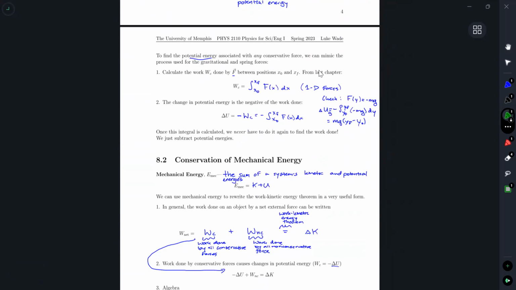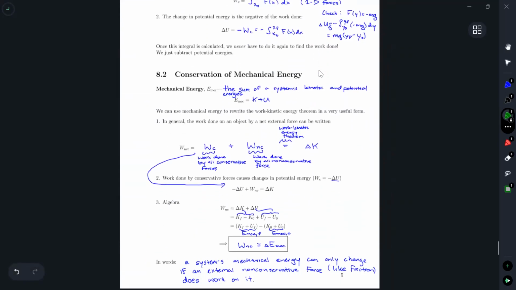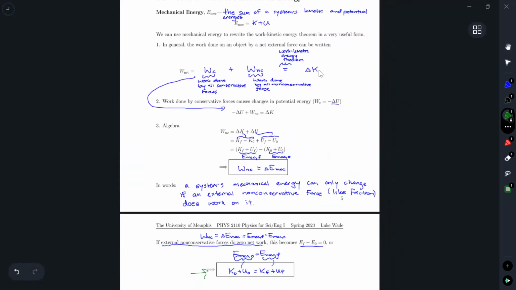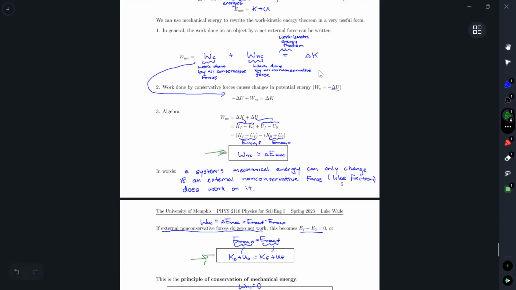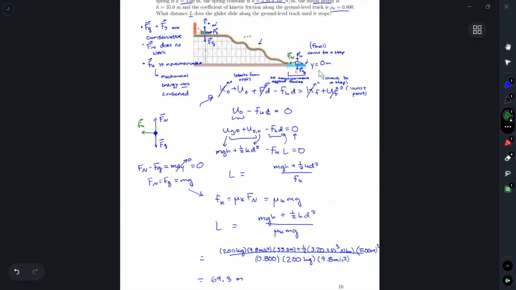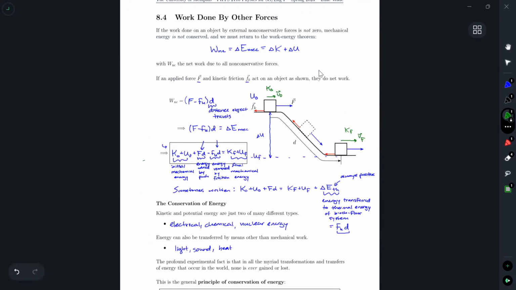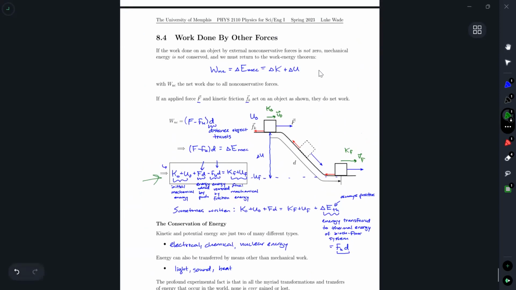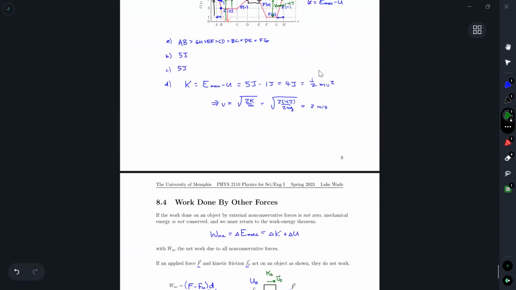So the only way in which you need to think about conservative or non-conservative is if you have things like friction acting and it's doing work, you can't use this conservation of energy formula down here. You have to use the work done by non-conservative forces determines the change in mechanical energy. Although we're gonna use the form way down here of that, this one, use that form for any problems involving friction.